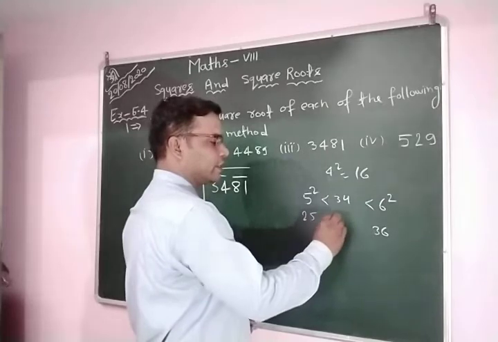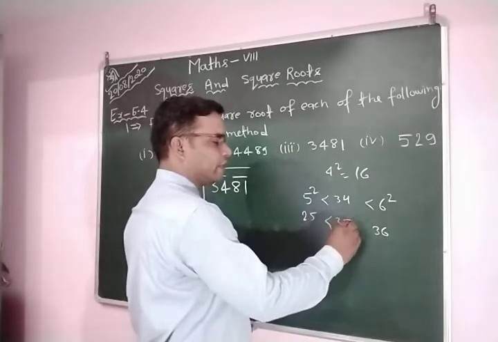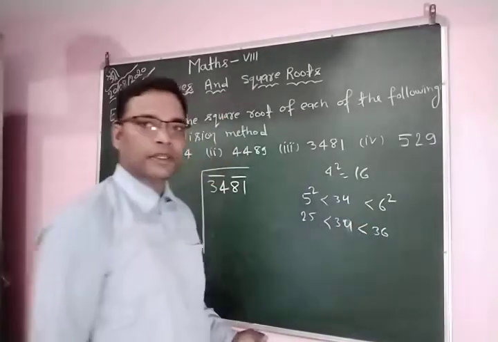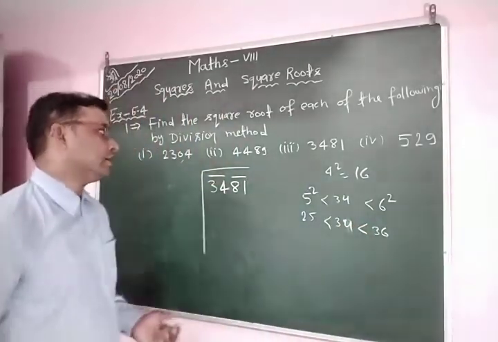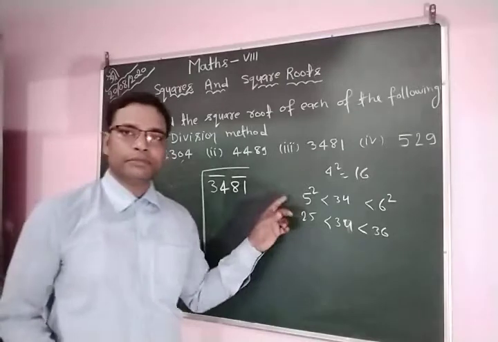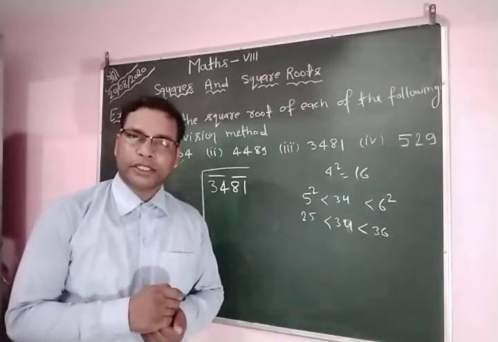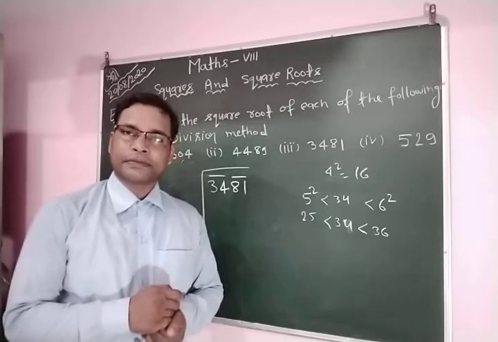So you can say here 34 is greater than 25, and 34 is less than 36. Clear?